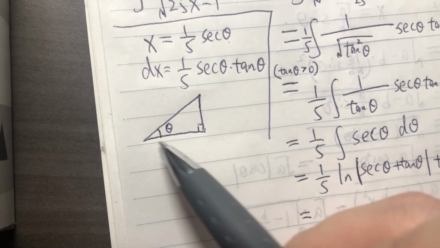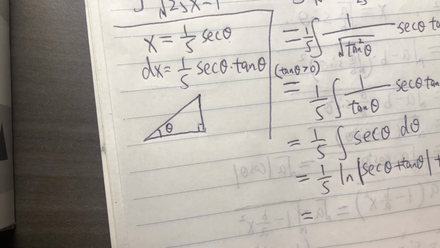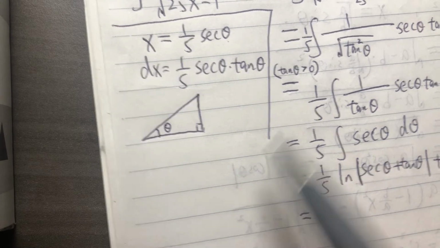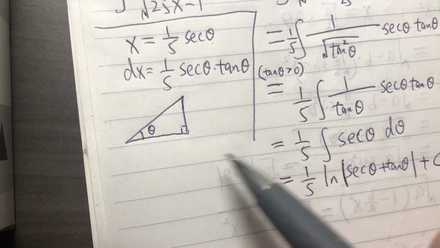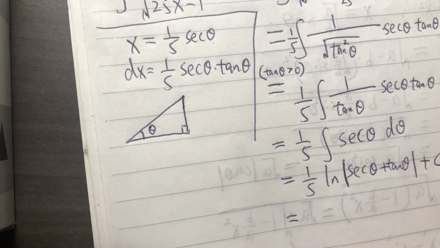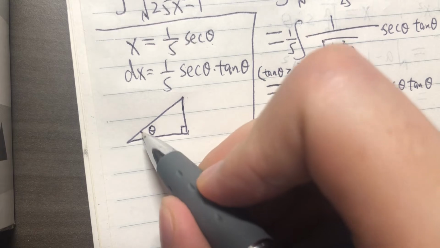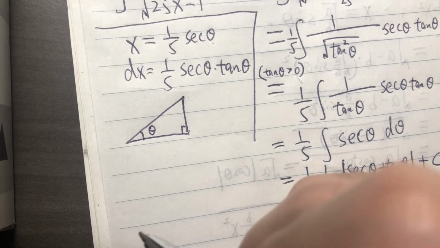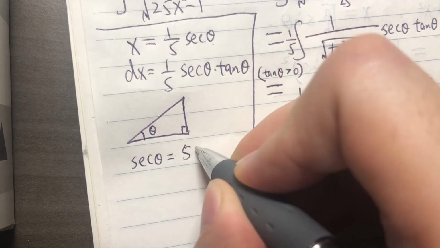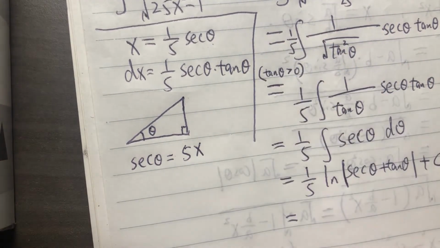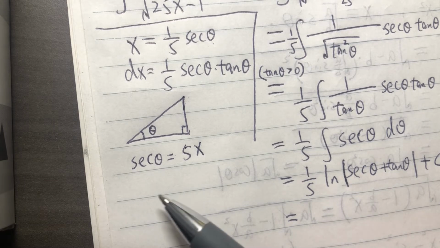Basically, it means we assume tangent theta is positive, so everything is positive, x is positive. This is theta, and we know secant theta is 5x.